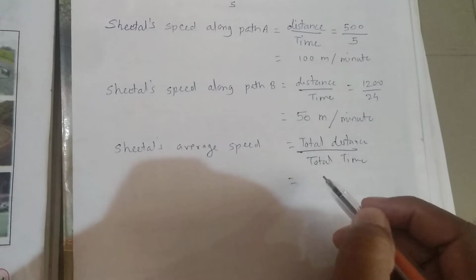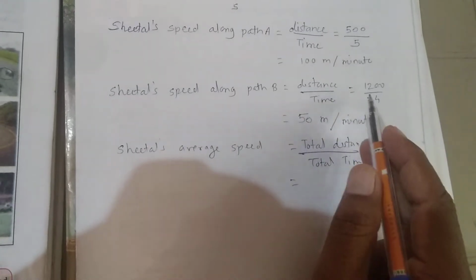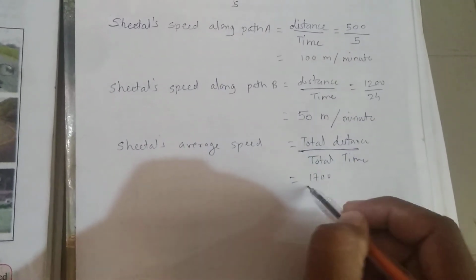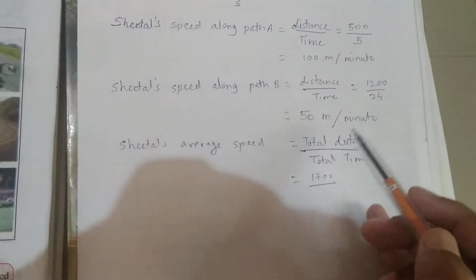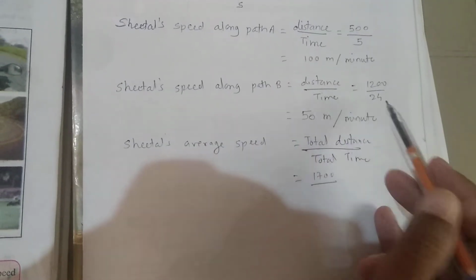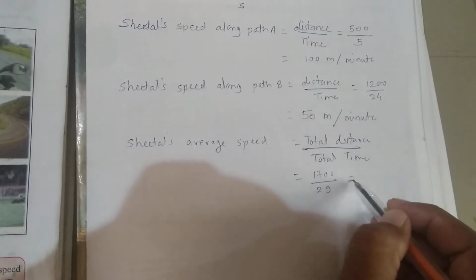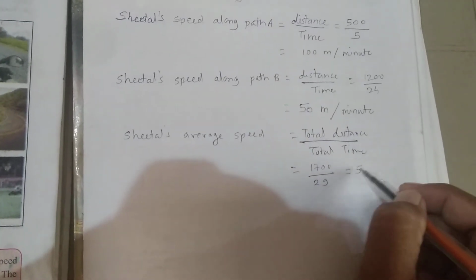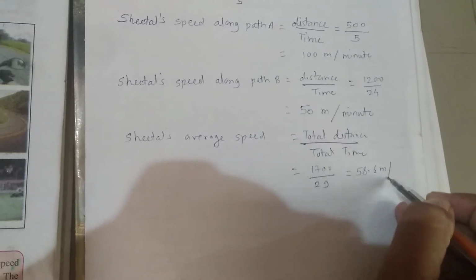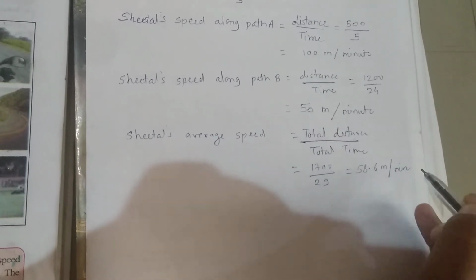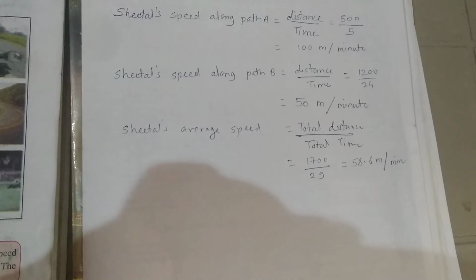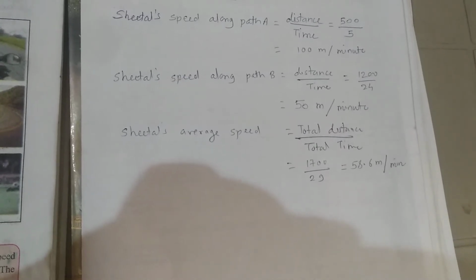It is 500 plus 1200, that means 1700, and 5 plus 24, that means 29 minutes. If you solve this, we will get the answer 58.6 meter per minute. This is Sheetal's average speed.